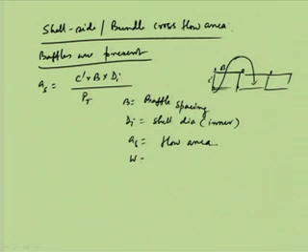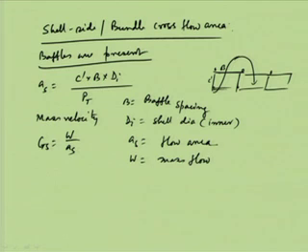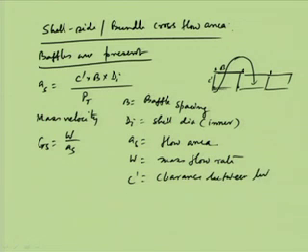Your mass velocity on the shell side is given as GS, that is W by AS, where W is the mass flow rate, and C dash is the clearance between tubes. We have already discussed that PT is the tube pitch.